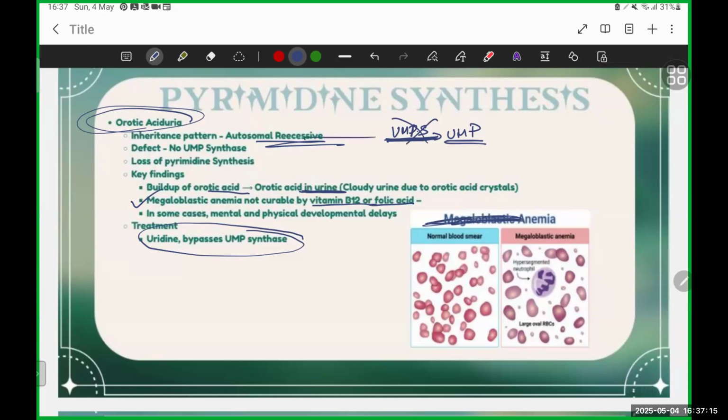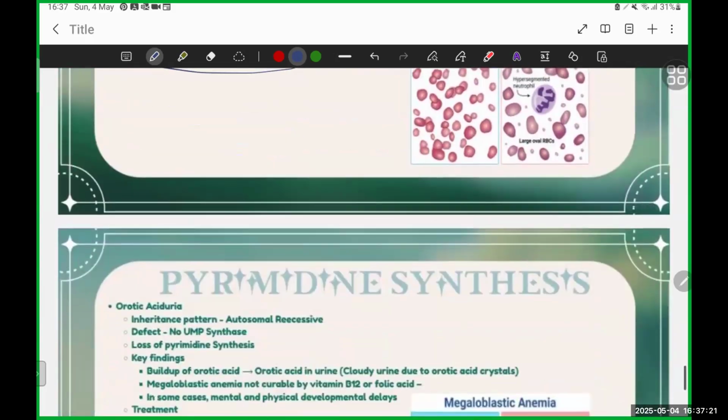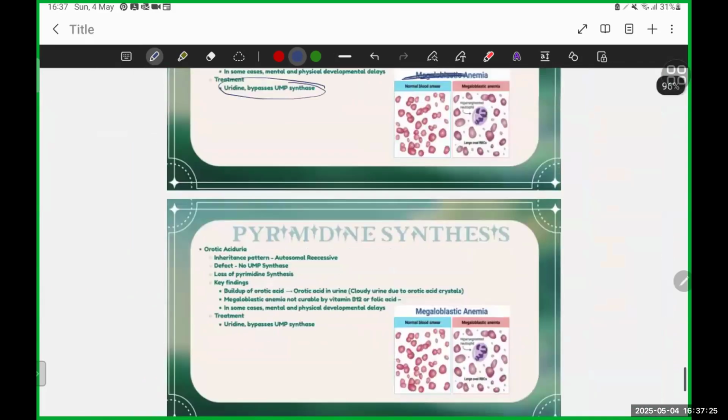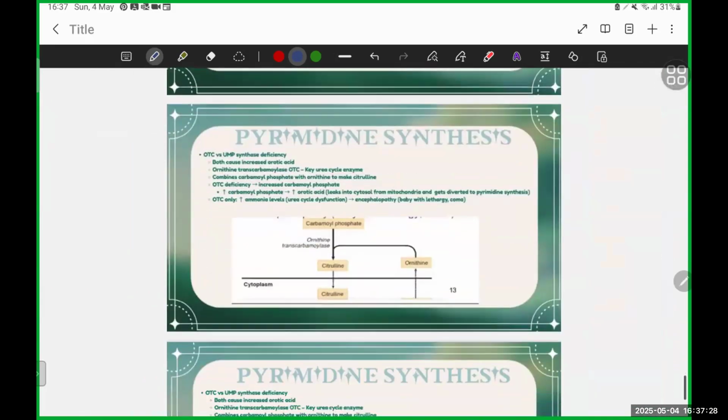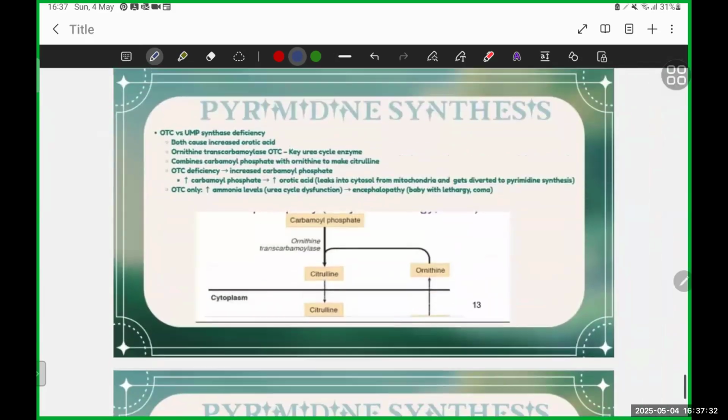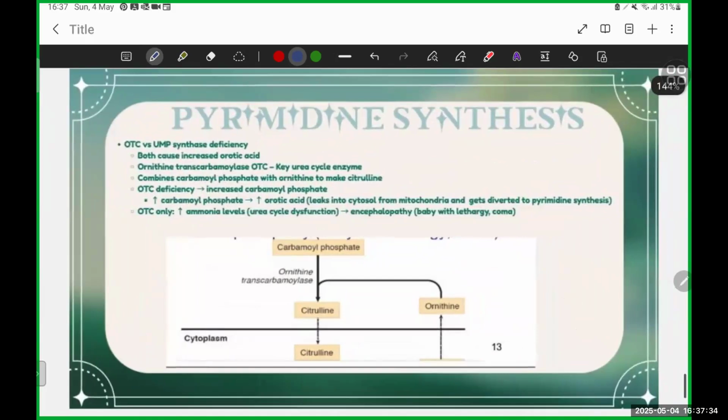I'm just gonna skip the whole thing and be like, all right, here you go, uridine. I'm gonna bypass UMP synthase.